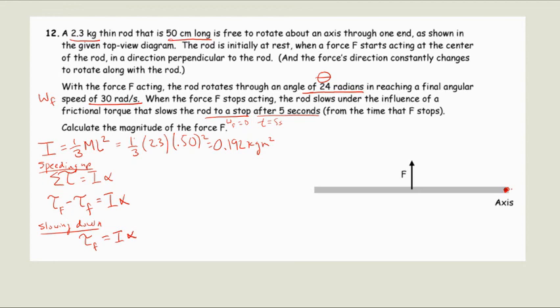I'm going from my 30 radians per second to 0 radians per second in 5 seconds. So my alpha in this case is going to be 0, because that's my final, minus 30, divided by 5 seconds.